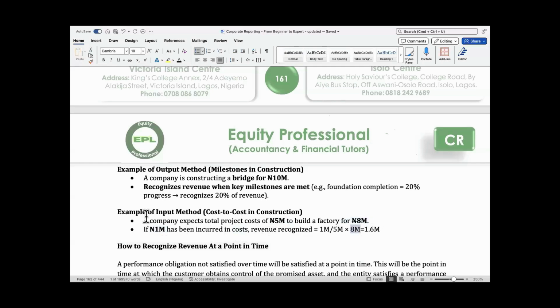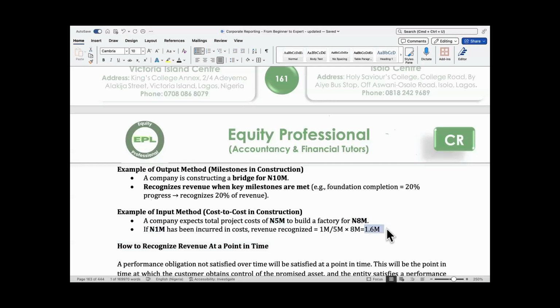So you are looking at the input method, the cost to total cost. How much cost have you incurred to date? What is your total cost you will incur? Then multiply that by the total revenue. So out of this 8 million, you can only recognize 1.6 million.